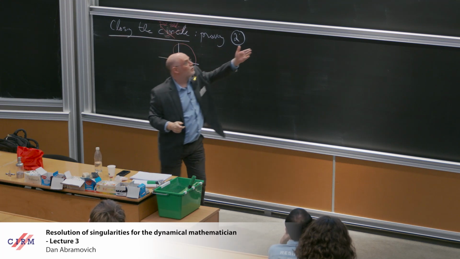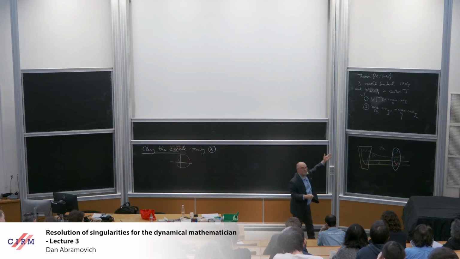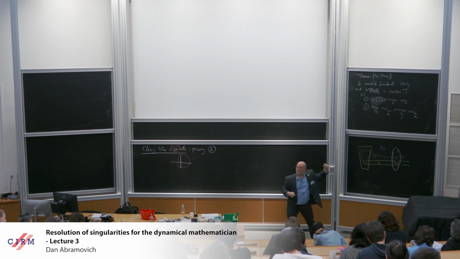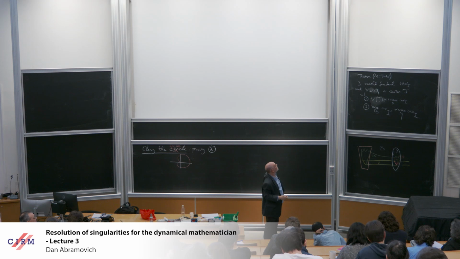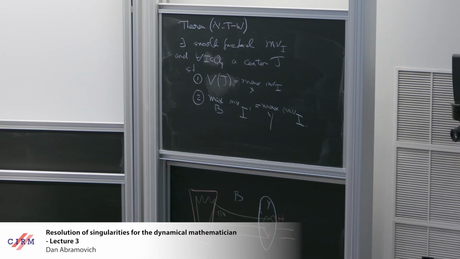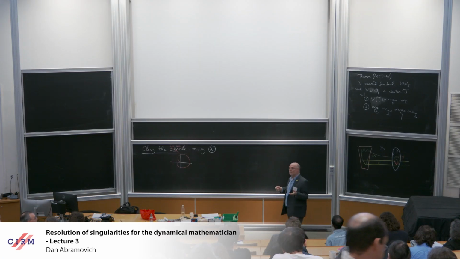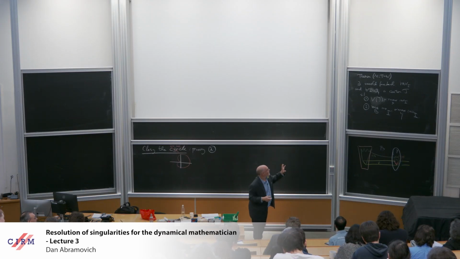So we need to prove the second part of what we said is necessary and enough in order to prove resolution of singularities. So the theorem we prove is that there's a smooth functorial resolution singularity invariant inv. I'm stating it now in the language of ideals.